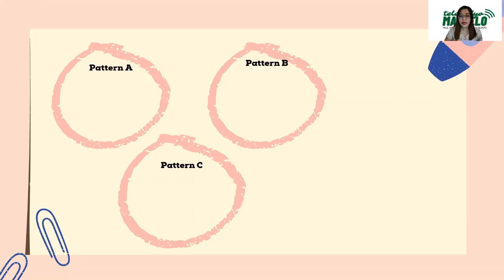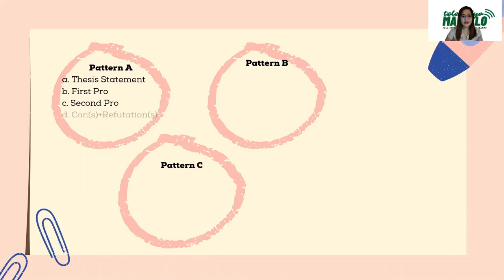So for pattern A, first we have to provide our thesis statement, which will serve as our topic sentence, followed by the first pro or the supporting idea, and then the second set of pros or supporting ideas that of course should strengthen our argument or claim.